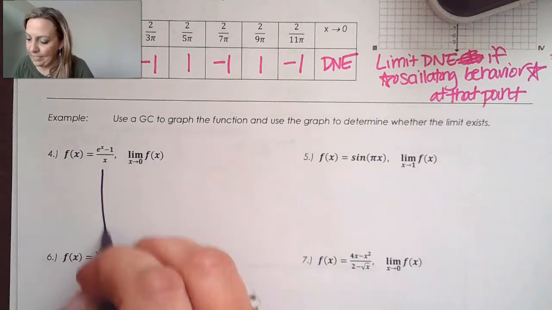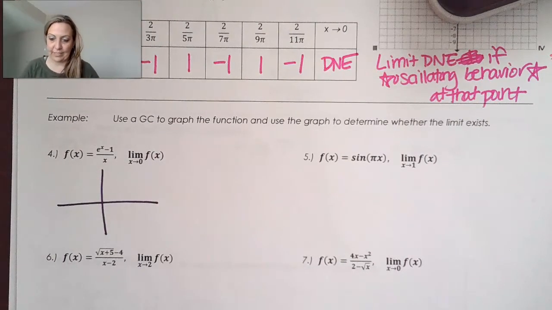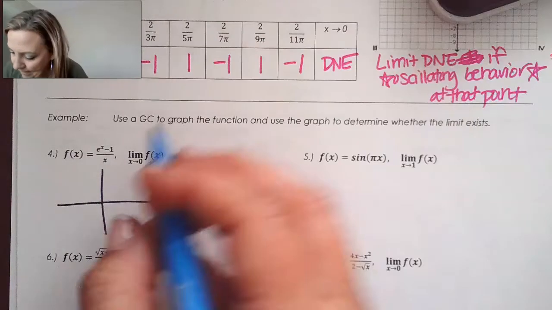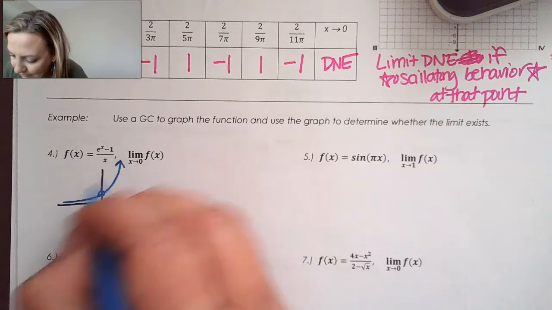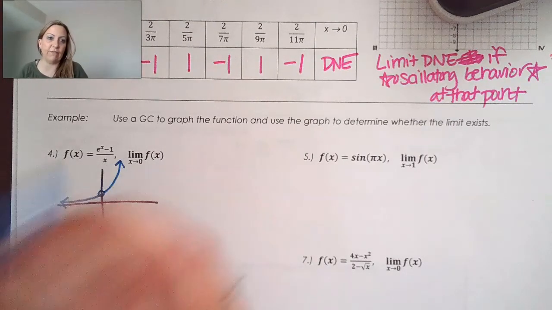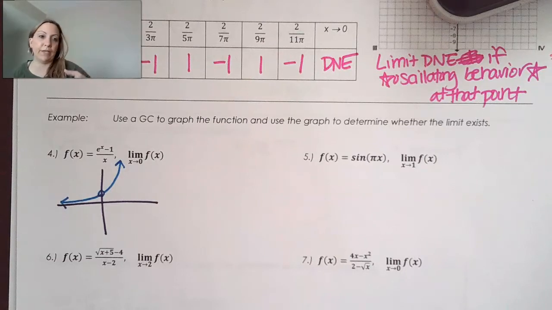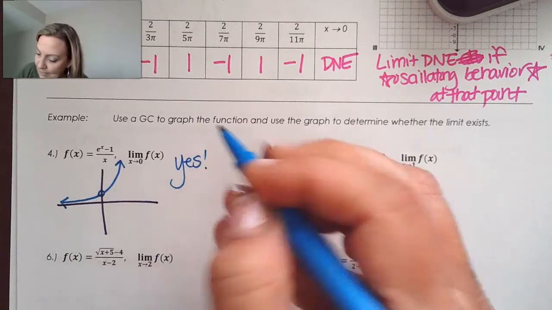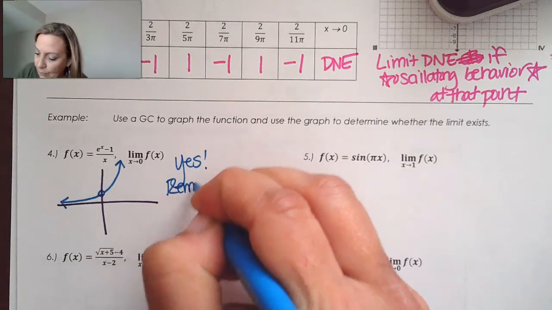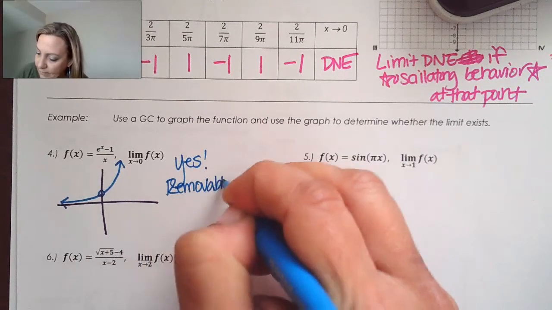So what we can do here is we can just have a little sketch of this. And there just must be something, that hole at 0. We know that because it would be undefined there. And so this would be yes. And that's because there must be a removable discontinuity.